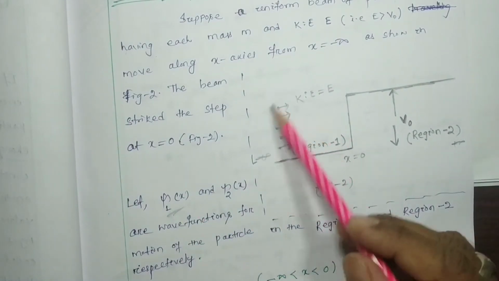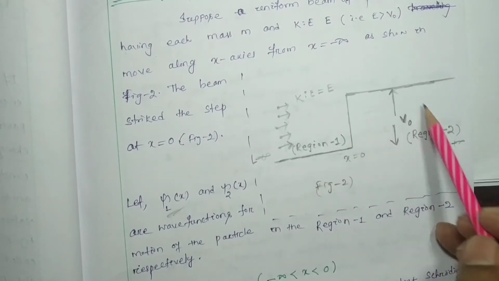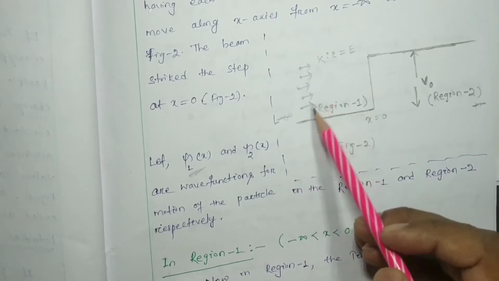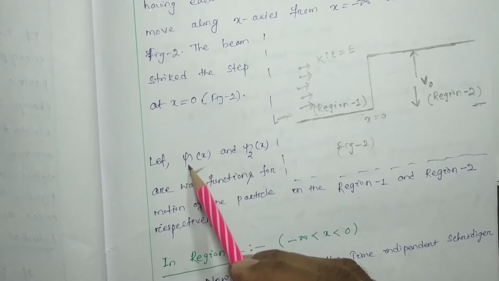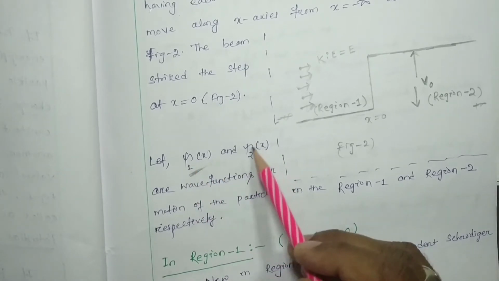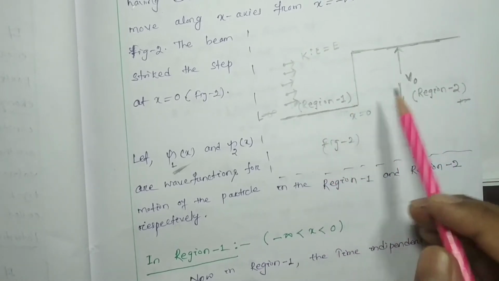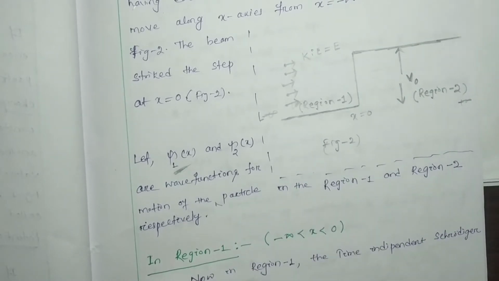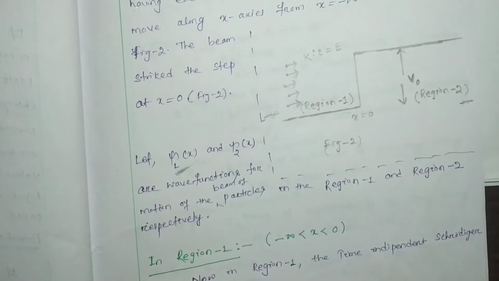Since the situation in region 1 is different from region 2, let psi 1 be the wave function of the beam of particles in region 1, and psi 2 the wave function in region 2.